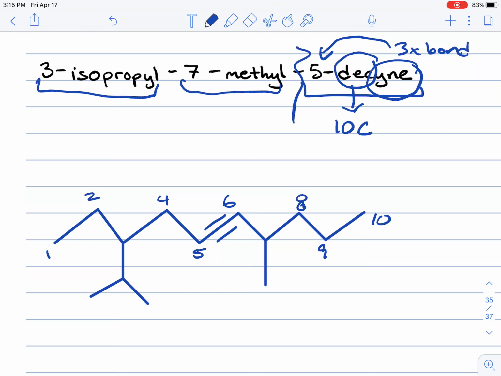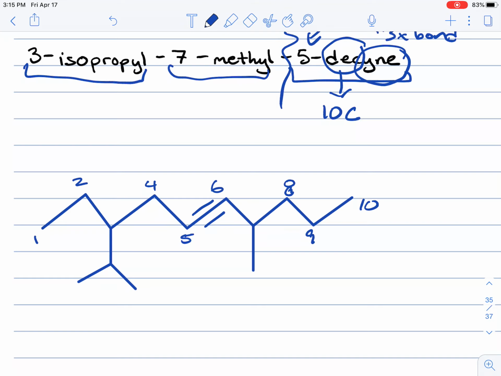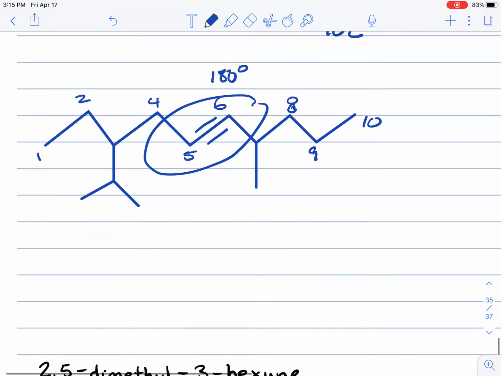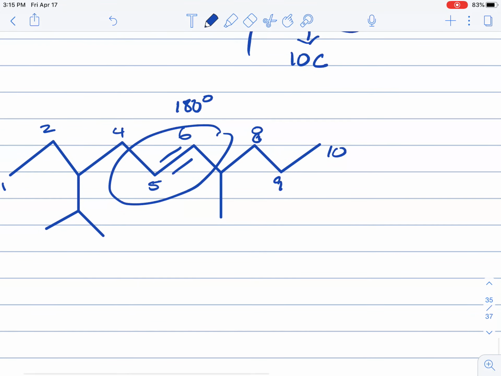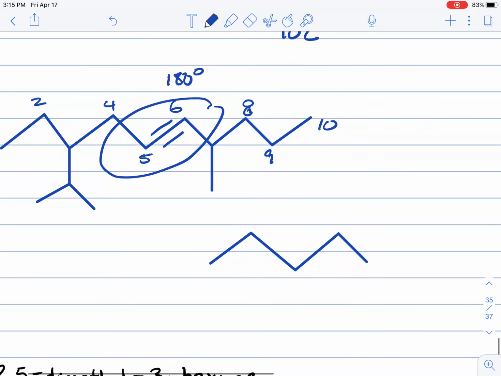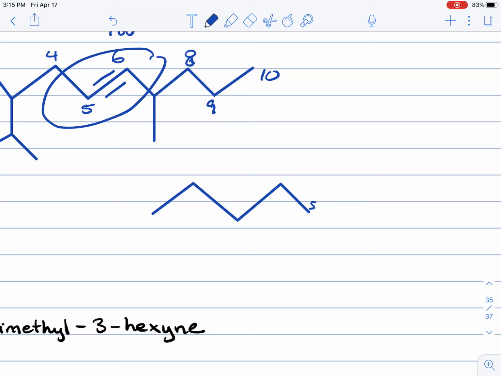And so now that I have all of my substituents, I need to redraw this to make sure that this is 180 degrees. Okay. So it's going to be 1, 2, that stays the same, 3 stays the same, 4 stays the same, 5. Okay, so this is carbon 5, and carbon 5 needs to be 180 degrees, and so I need to draw a line.